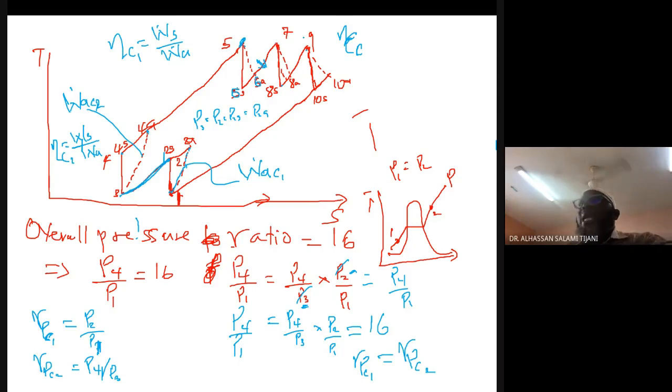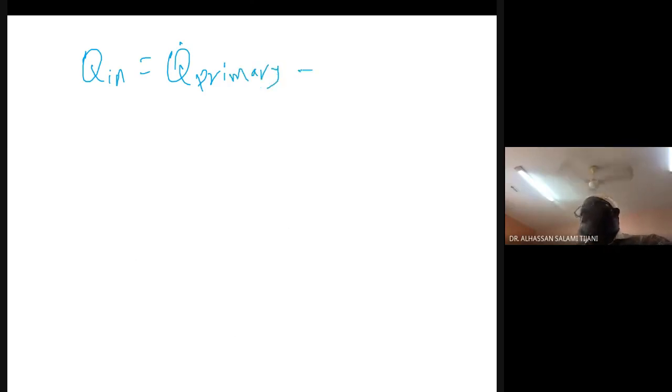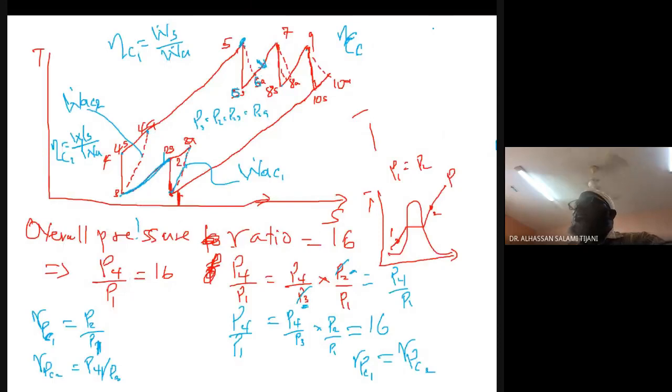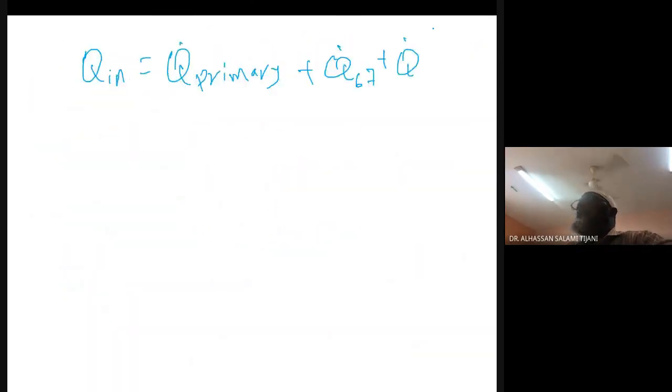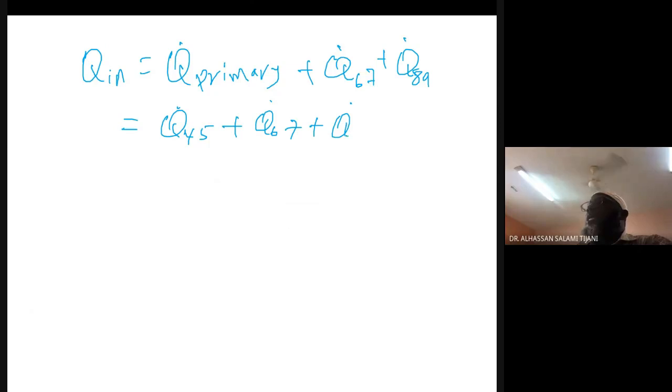So the total amount of heat added, Q in, equals the Q primary, which is Q 4 to 5, plus Q 6 to 7, plus Q 8 to 9.